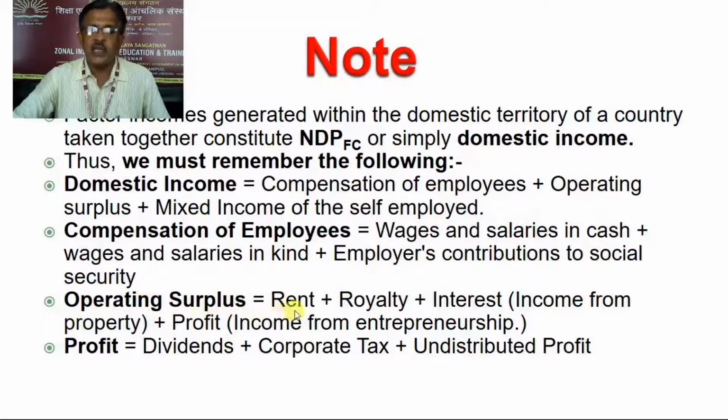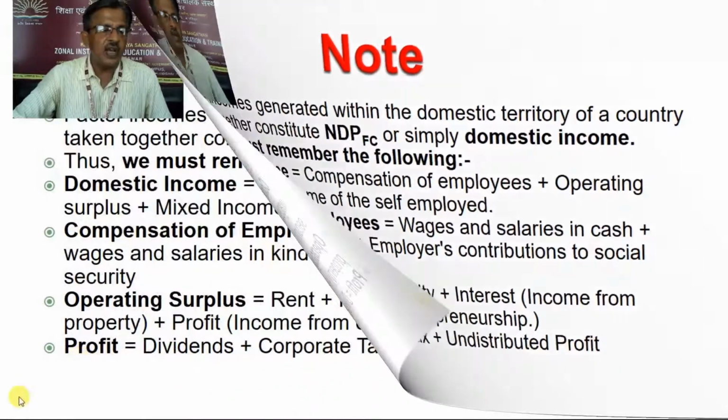Operating surplus is income from property plus income from entrepreneurship, that is, income from property is rent plus royalty plus interest, and plus profit, that is income from entrepreneurship. And profit, as you know, is categorized into dividends, corporate tax, and undistributed profit. All these taken together can also be the profit.